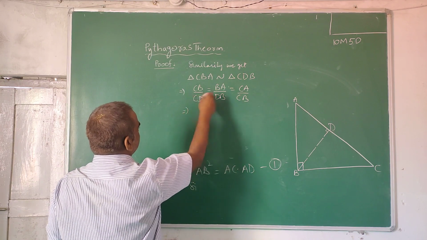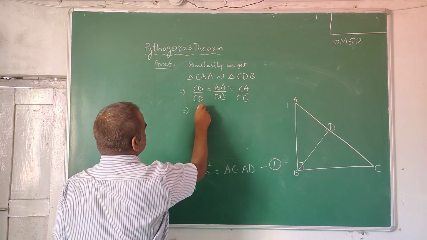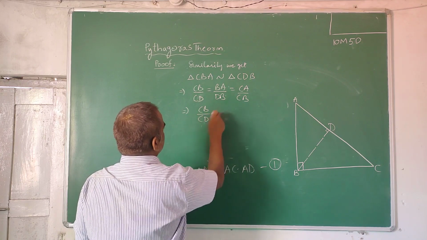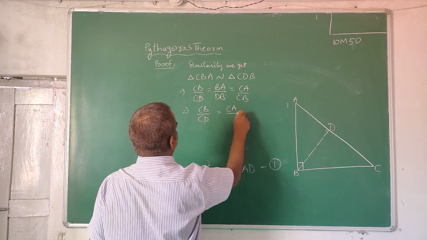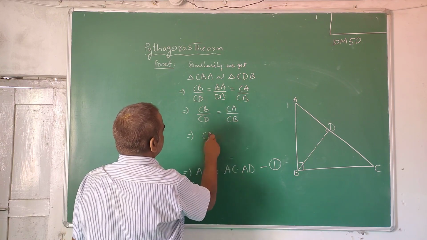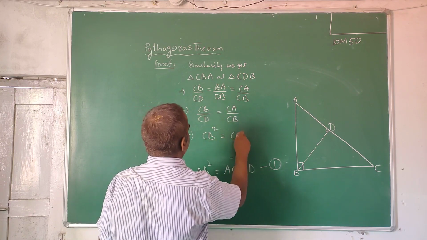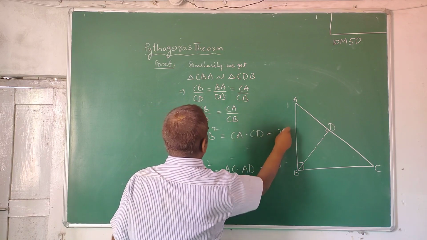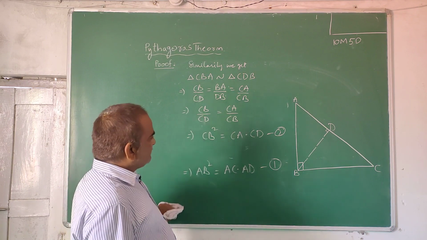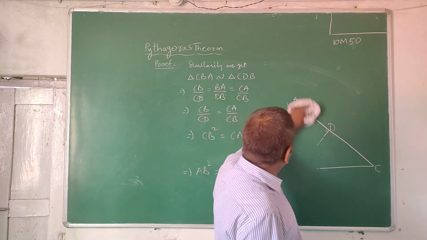Now, if you take the equality between the first and last, CB by CD is equal to CA by CB. Then if you go for cross multiplication, CB square is equal to CA into CD. So this is the equation 2 you got. This is the equation 1 you got. Are you following? Now let us rub the diagram.